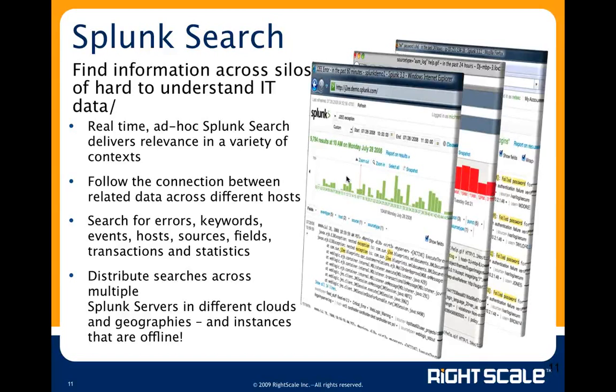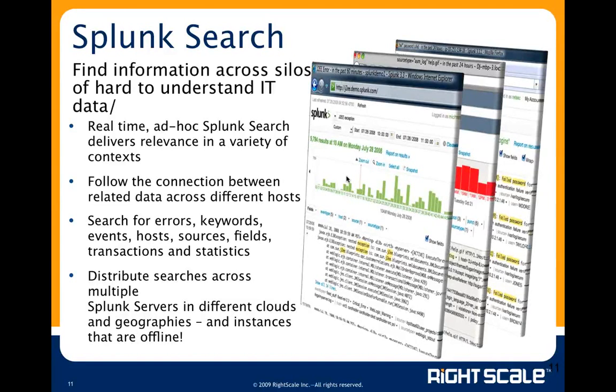Additionally, one of the challenges with things in the cloud is that you've got all this infrastructure out there, and as a matter of fact, you may be going across multiple clouds. If you think about it, Amazon's EU, Europe, and US are pretty much two different clouds. There are a few things that are shared between them.